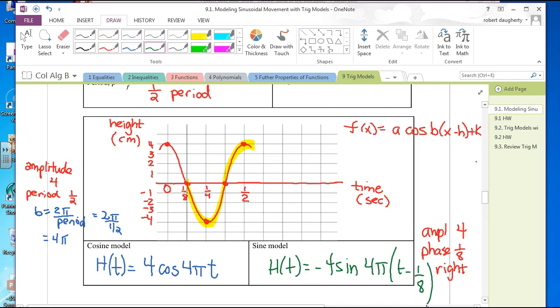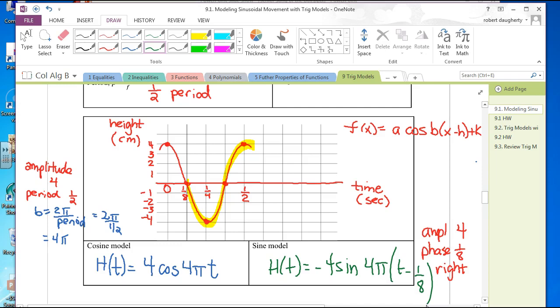Okay. How high was the weight at 0 time? How high was it? At 0, what did I do to that weight? I raised it 4 centimeters. So what happens if I plug in 0 here? Okay. What is the cosine of 0? On your unit circle, if you're at 0, what is your x coordinate?